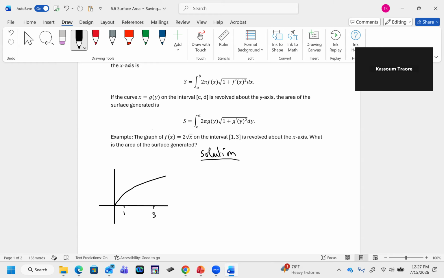So if this is 3, trying to sketch, so again we are looking for the surface area.